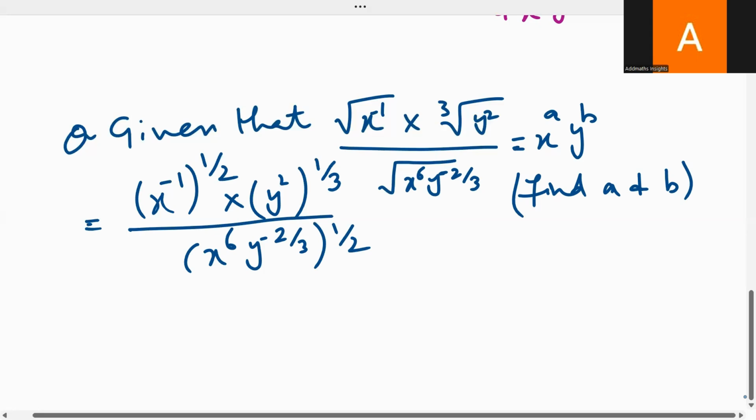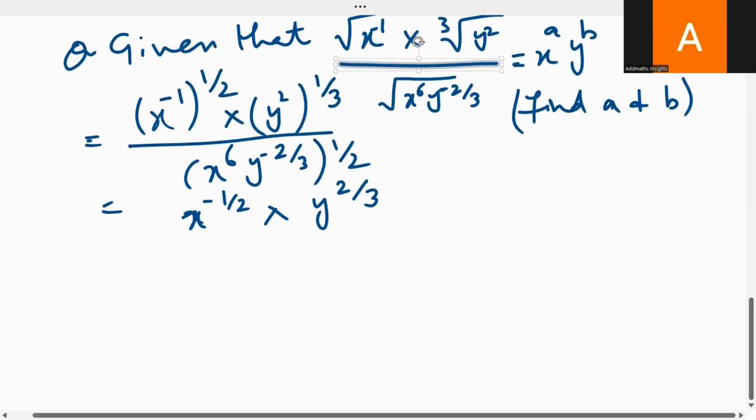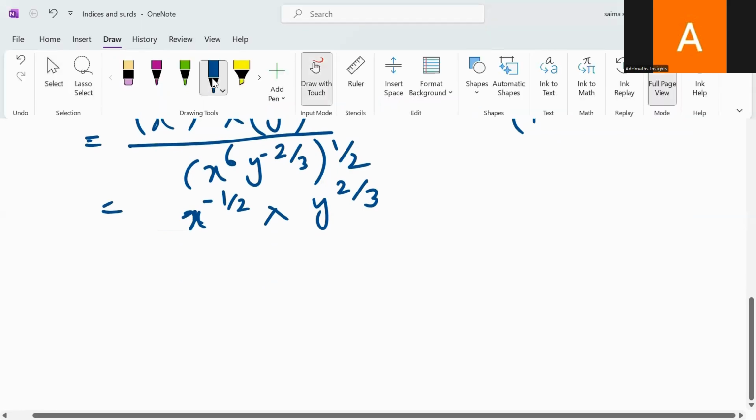Now we apply laws of indices. X raised to power minus 1 times 1 by 2 is x raised to the power minus 1 by 2. And y squared times 1 by 3 is y raised to the power 2 by 3. We apply the same law to solve the denominator.